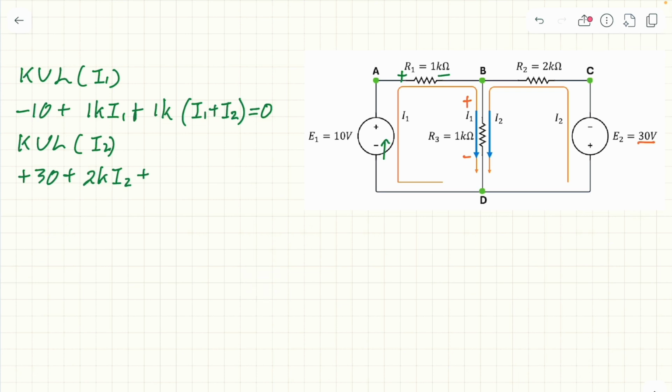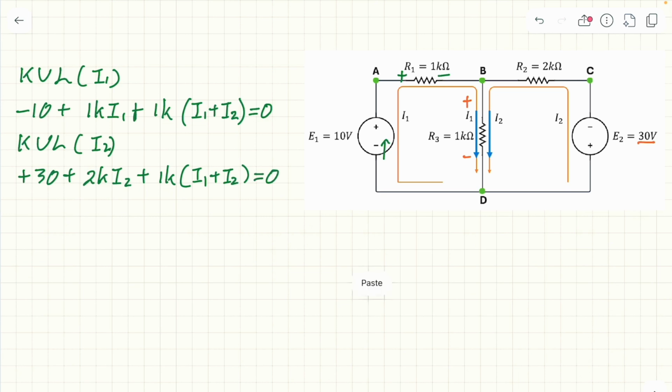And the same argument, when I2 passes through R3, it is from the top to the bottom, and R3 is 1K. From the perspective of I2, I1 flows in the same direction as I2. So this is equation 2.